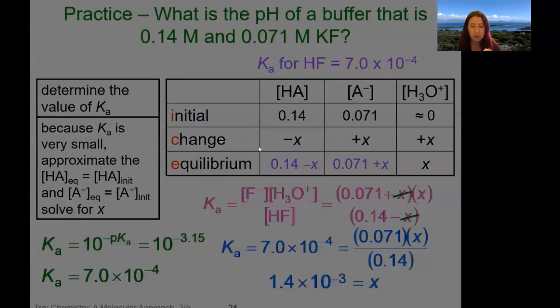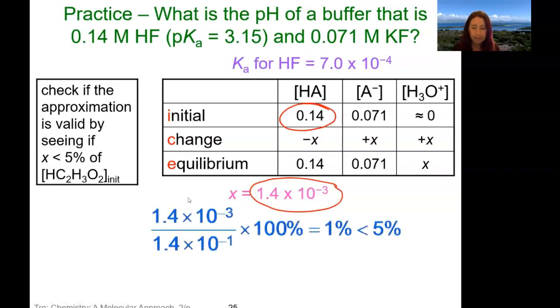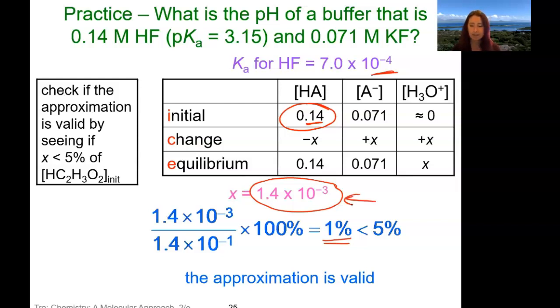So I actually want to see you write this piece out right here. So again, our x is small goes our x over our original concentration. And indeed, it worked. And again, we kind of knew it was going to work because the difference, this is 10 to the negative 1, 10 to the negative 4, difference is 10 to the 3. It's going to work. Okay, so now all we need to do is take the negative log of this, and we're all good.